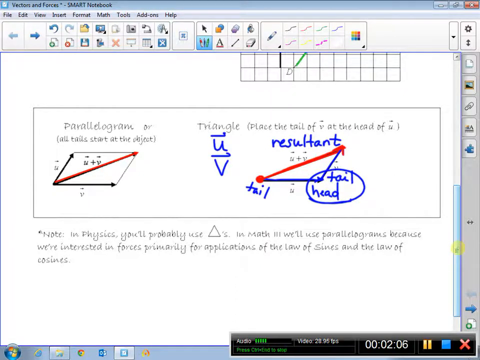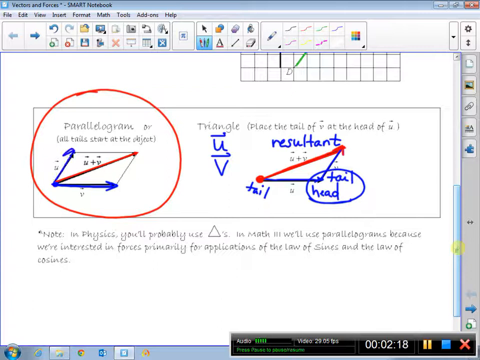In math, we use this parallelogram method, and we start the two tails at the same spot. So we say vector v is this vector, vector u is this vector. Notice the tails are together, tail, tail. And then we form this parallelogram. You'll see me use dashed lines.